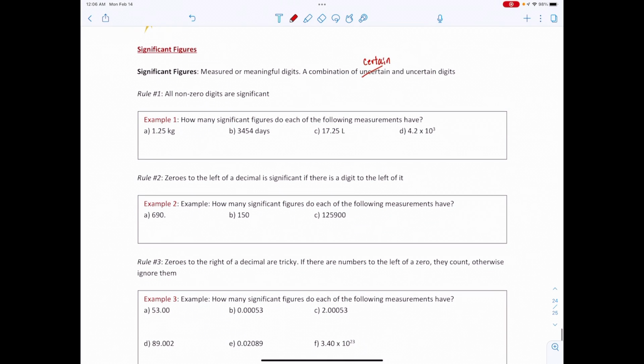So the first rule is that all non-zero digits are significant. For example, if we took a look at A, we have 1.25 kilograms. Since 1, 2, and 5 are all non-zero digits, that means we have 3 significant figures.